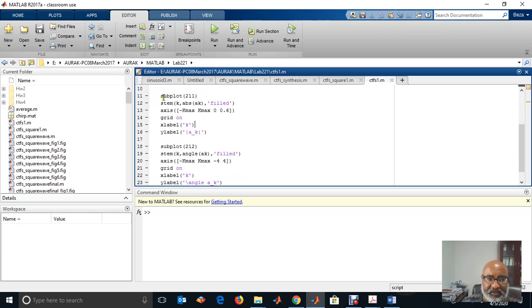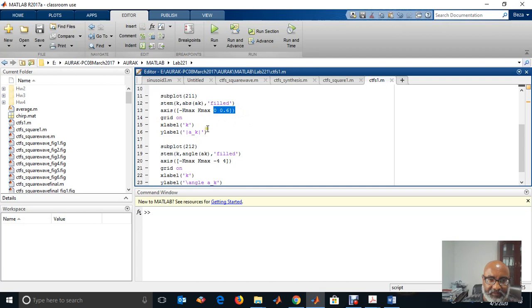Then for the first row of the plot I use subplot 211. When I say subplot 211, it means 2 rows in 1 column, and in the first row I put the magnitudes. For the magnitude I use stem to plot the absolute values of AK, with the axis from minus K max to K max on the x-axis, and from 0 to 0.6 on the y-axis.